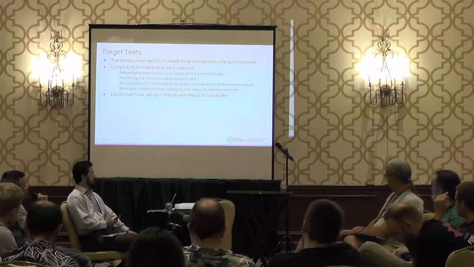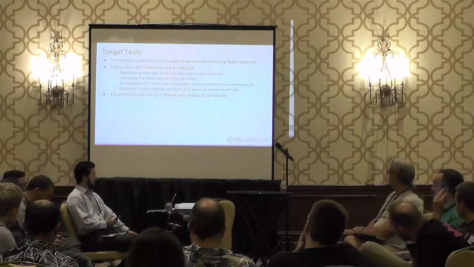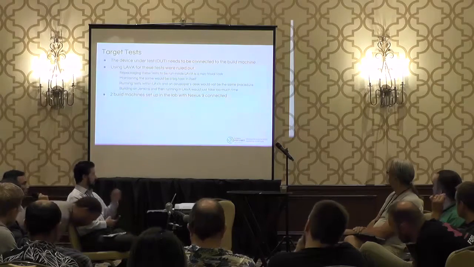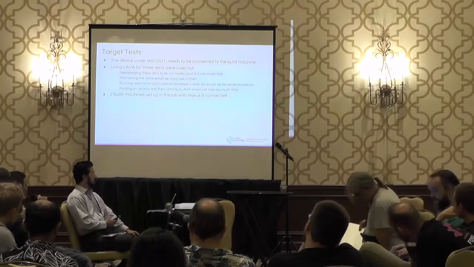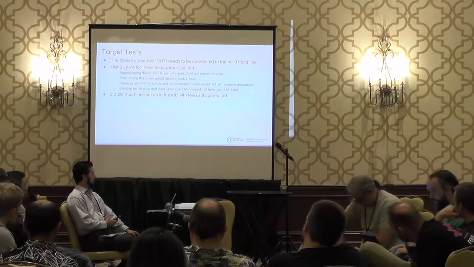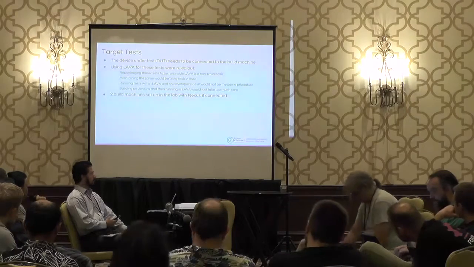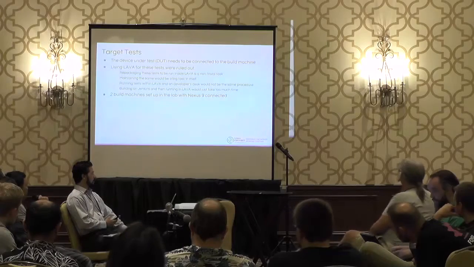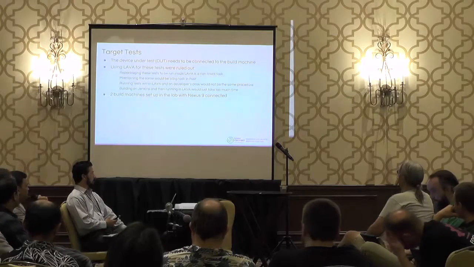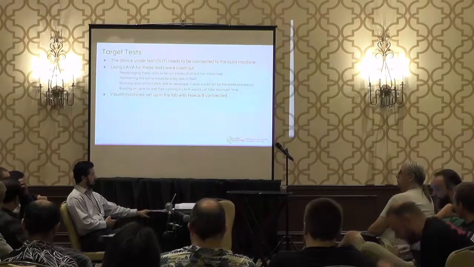If the tests were run as part of the build itself, it was much faster compared to building images, uploading them, and then trying to run them in Lava. Those were the main reasons why we didn't choose Lava for these target tests. Instead, we got 2 build machines deployed in the lab and got the Nexus 9s connected to them, and that was the setup we were using.